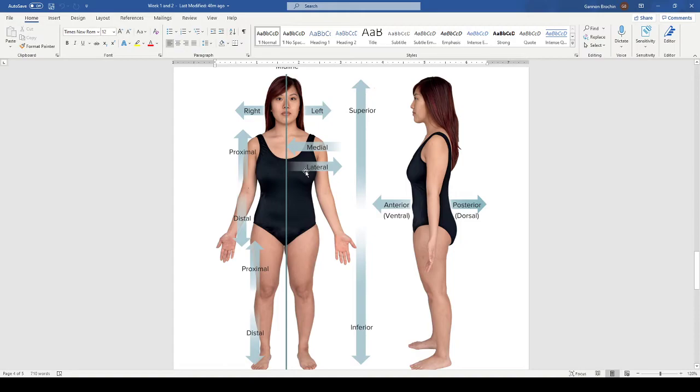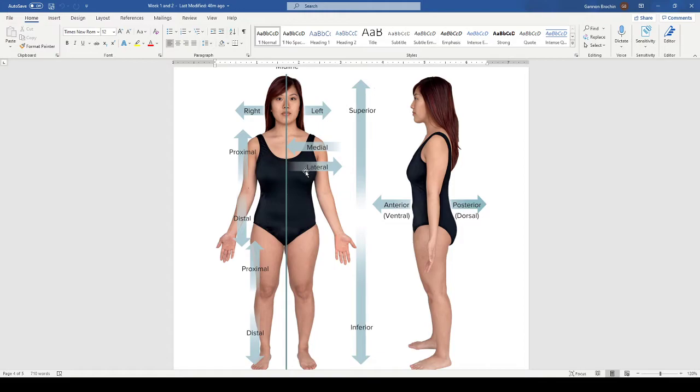Next, another thing that can be kind of confusing is proximal versus distal. You'll see here the arrows. It looks like they're going the same way as superior and inferior. Well, they are, but we need to keep the midline in reference here. An easy way to think about this is if you hold your arm straight out from your body to the side.